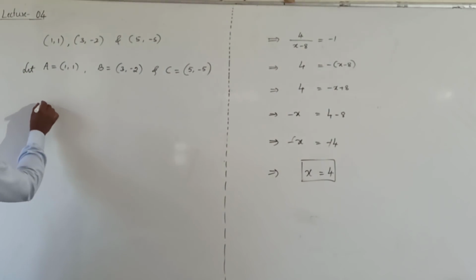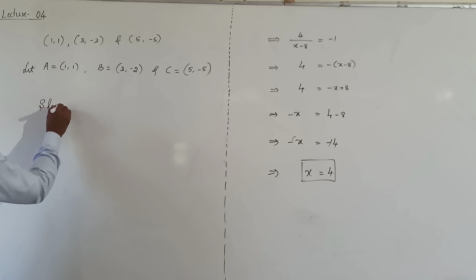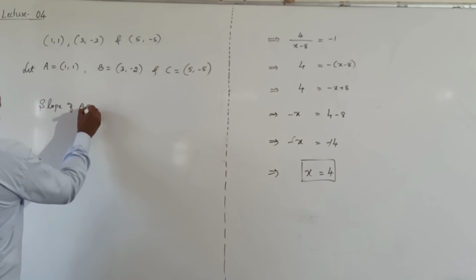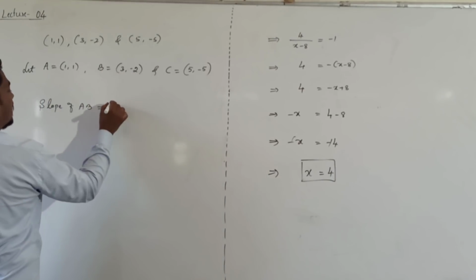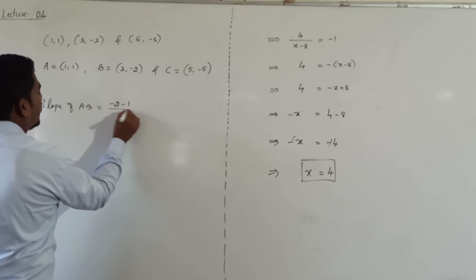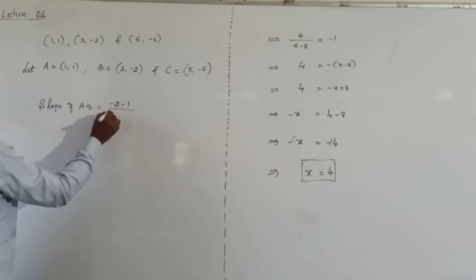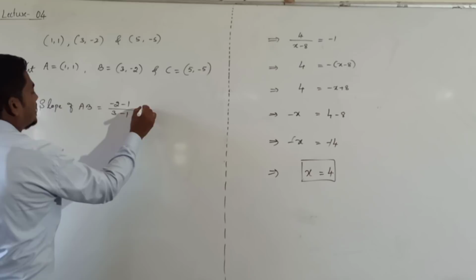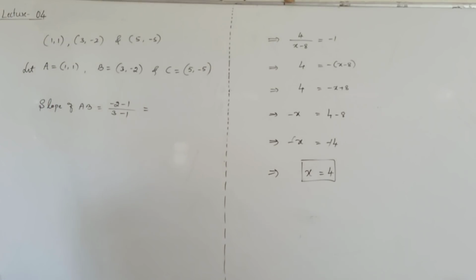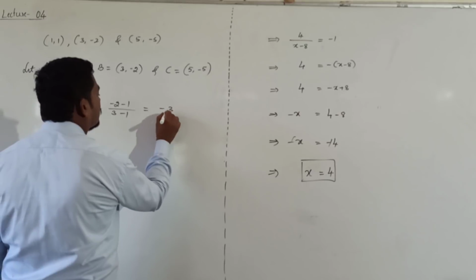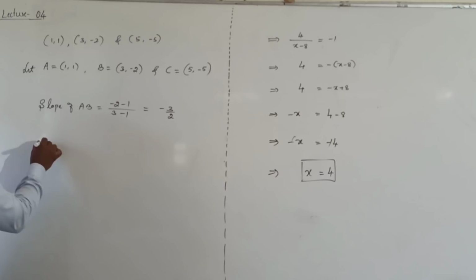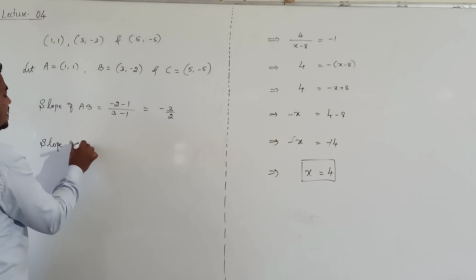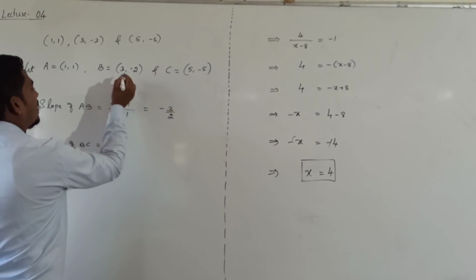Just find the slope of AB. Slope of line AB, use the two-point formula: y2 minus y1, that is -2 - 1, divided by x2 minus x1, that is 3 - 1, that's equal to minus 3 divided by 2, right? Then find the slope of BC also. Again use the two-point formula.